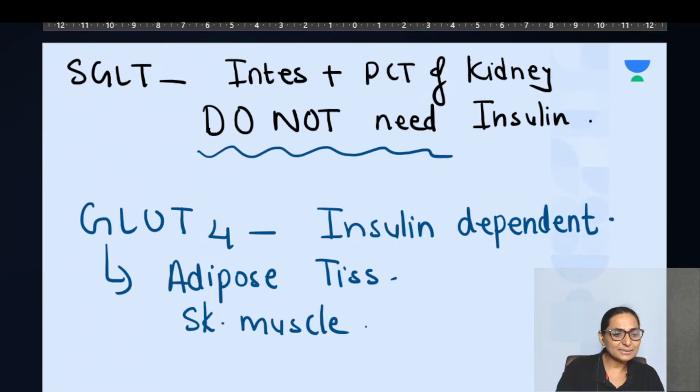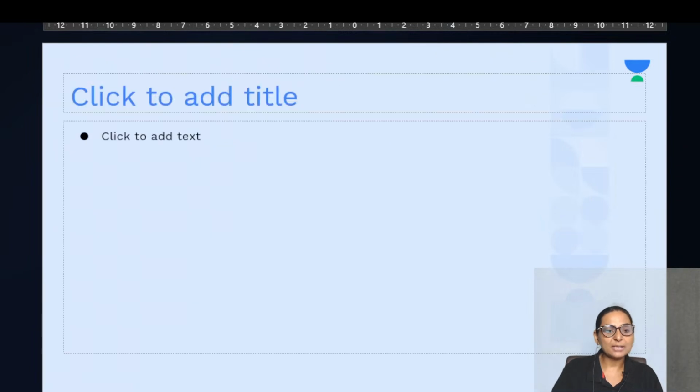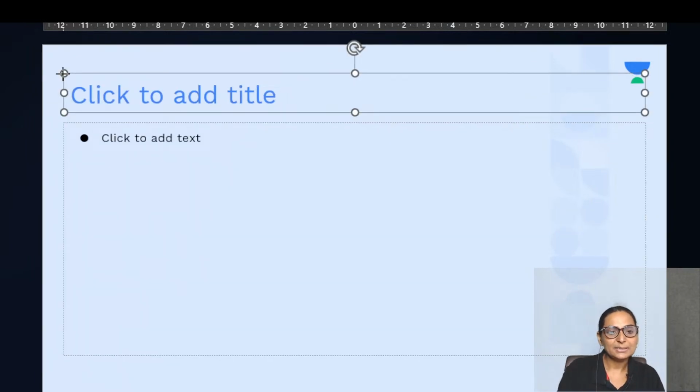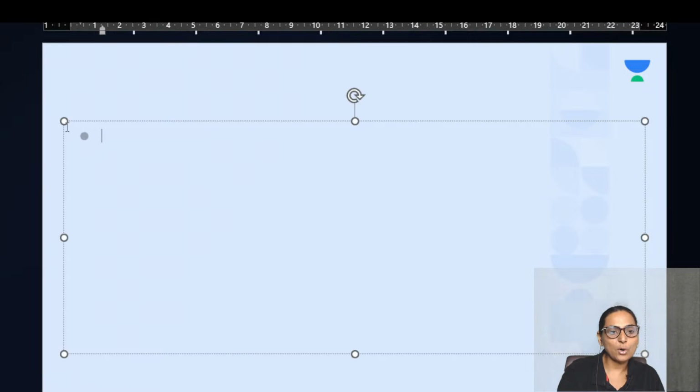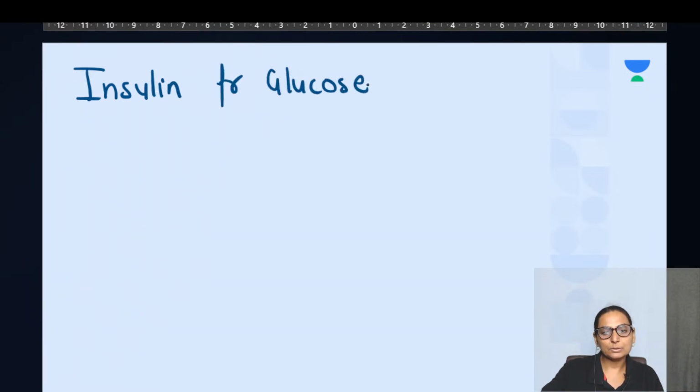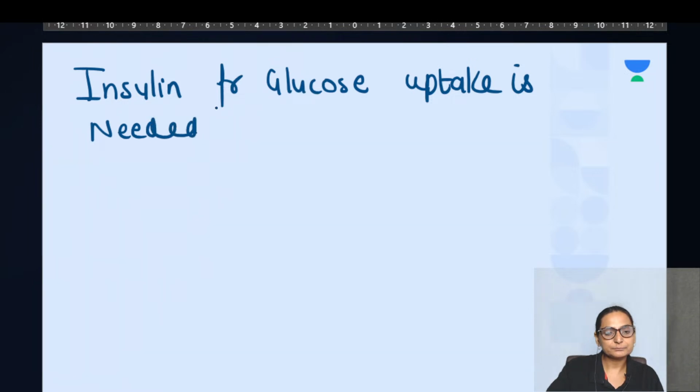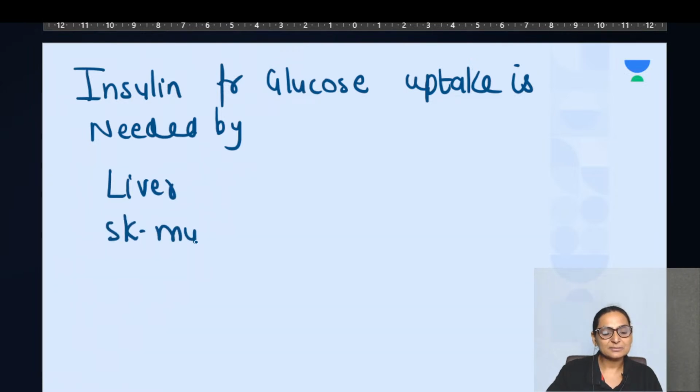Now, next is which tissues in the body need insulin for glucose uptake. Insulin for glucose uptake is needed by 3 tissues: liver, skeletal muscles and adipose tissue.